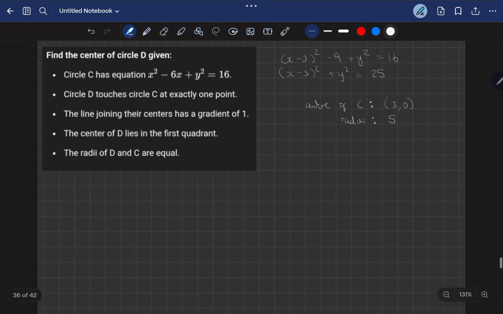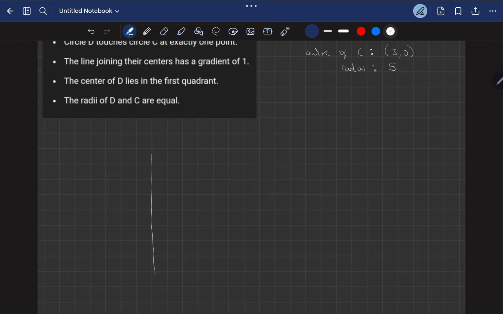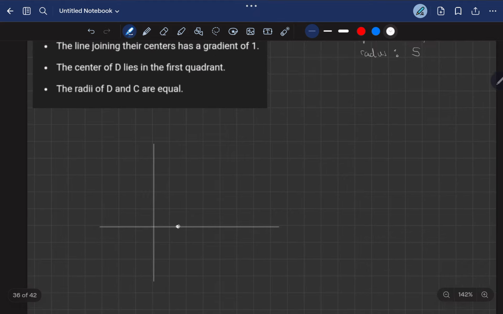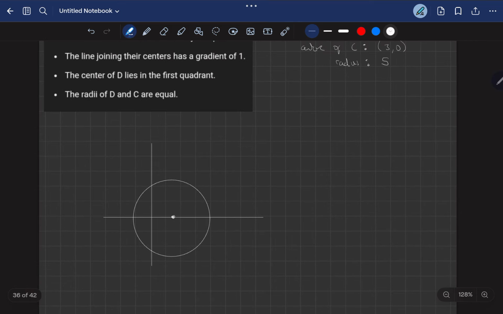Now, let's draw a graph to represent this. That's 3. Wait, let me do a smaller scale. Okay.